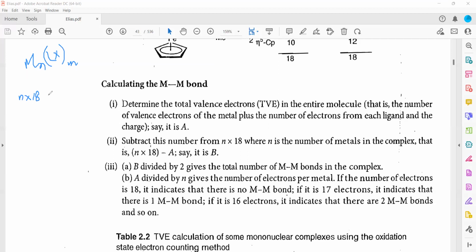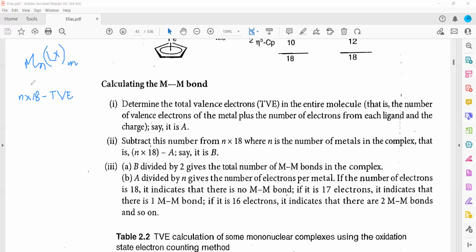So in that case, what you do is calculate how many total electrons you might have needed if those metals were in different complexes. But you need to subtract from it the total electron count that exists in this metal complex. So this is the number of electrons that the metal complex should have if there were n different complexes having no metal-metal bond.